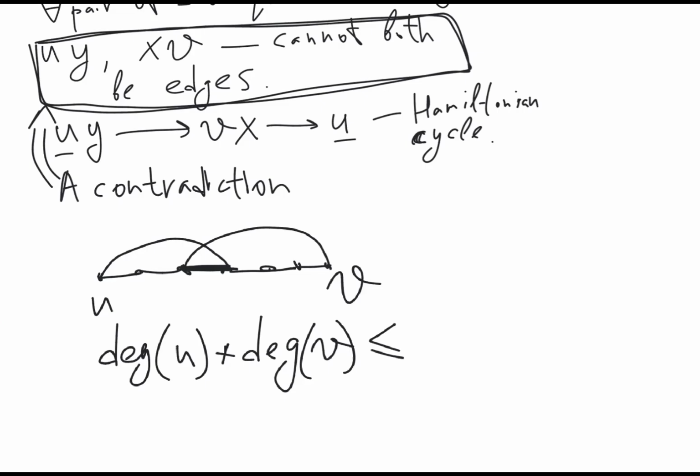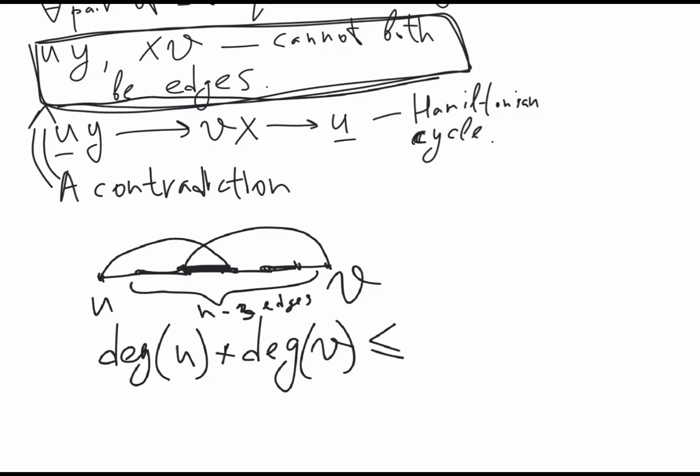So in total we have here n minus 2 vertices, and n minus 3 edges. So in this path we have n minus 3 edges, and for each of these edges this statement holds.